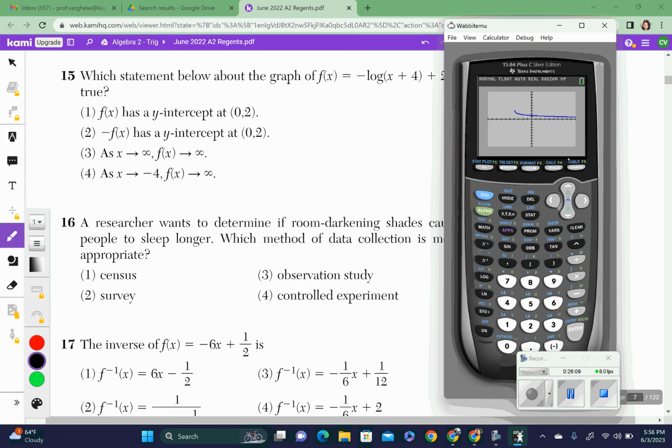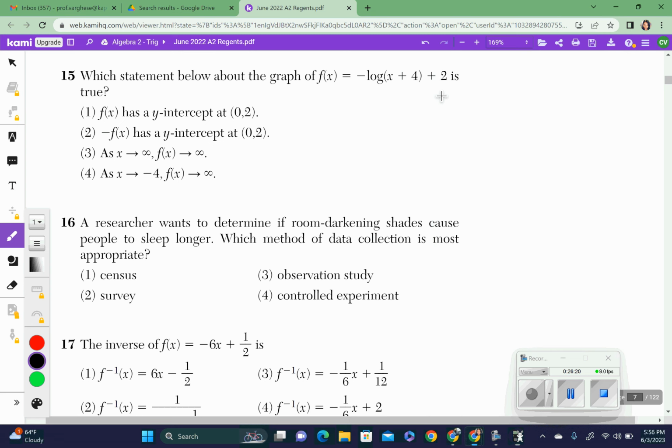All right, so now we're going to go through and say we're looking for which is true. Okay, so f of x has a y-intercept at 0, 2. So let me go to my table. So 0, 2, that is not true. Negative f of x has a y-intercept of 0, 2. And so negative f of x just means that we're going to take f of x and we're going to switch it. F of x is our y. So our y here is 2, and it says negative.